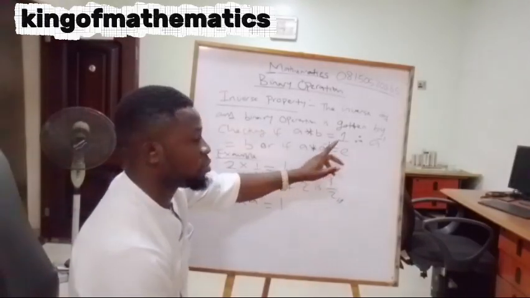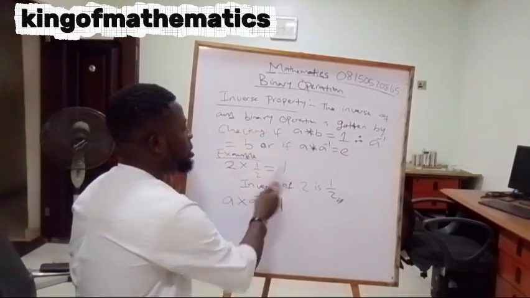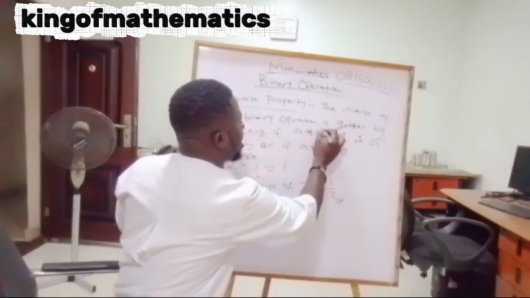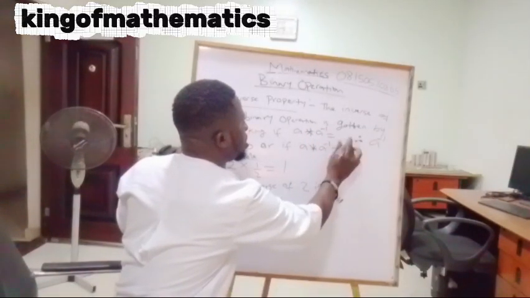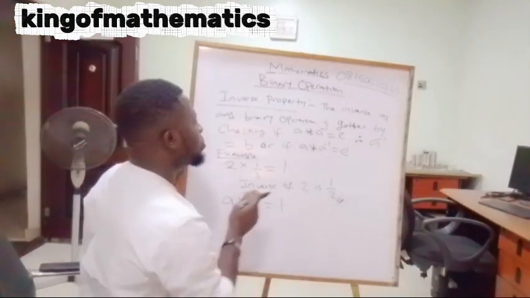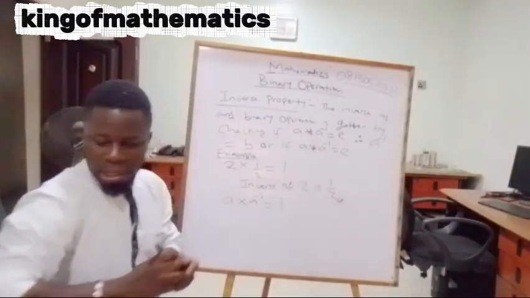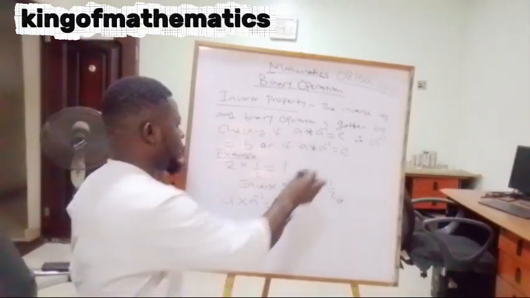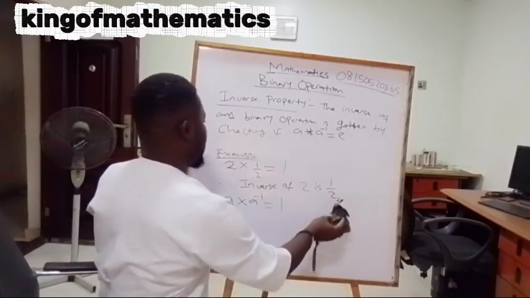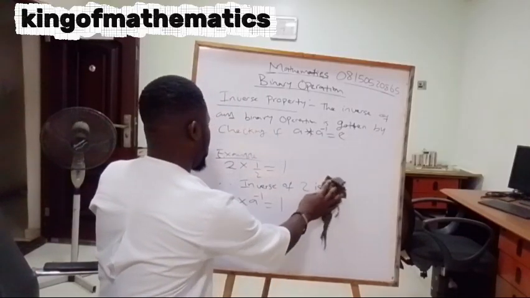A operation A inverse will be equal to E. Let's use it that way. I think that's better.